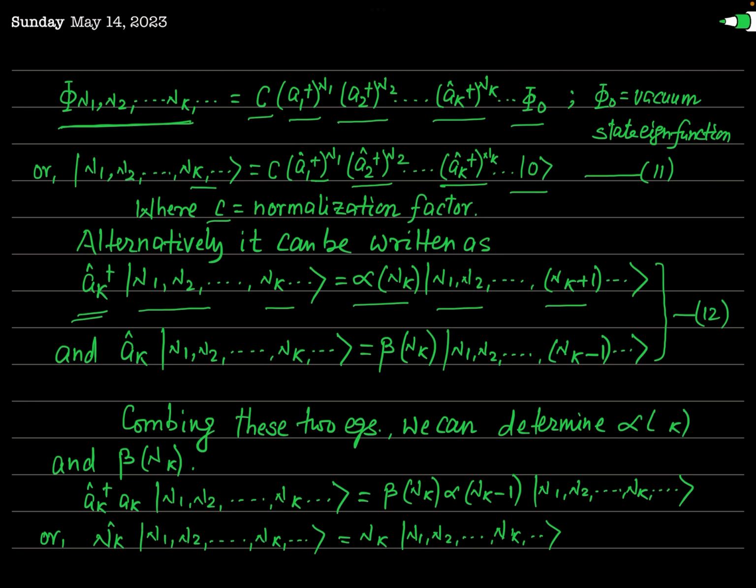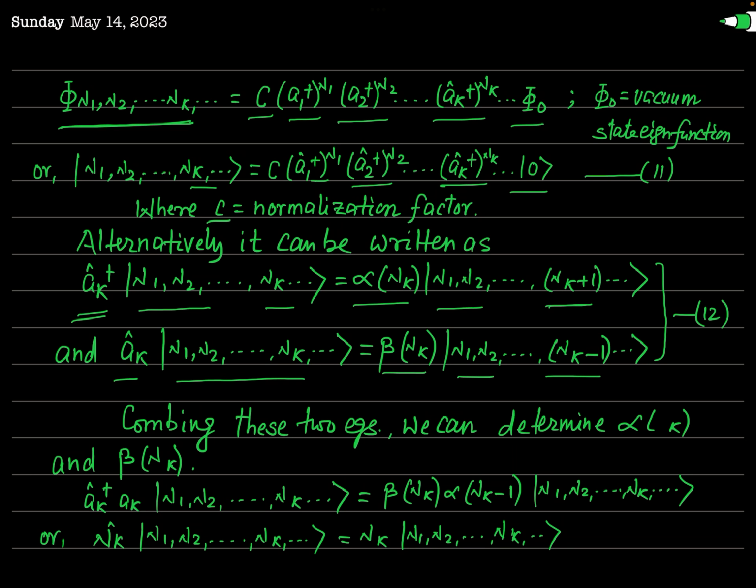Because here the operator is ak dagger, and you have learned that this is a creation operator or the raising operator. It increases the eigenvalue by 1, so I have written here nk plus 1. In a similar manner, you can write ak operated on ket n1, n2, so on, nk is equal to beta of nk, ket n1, n2, so on, nk minus 1, so on.